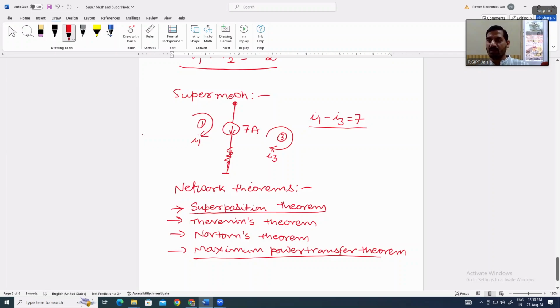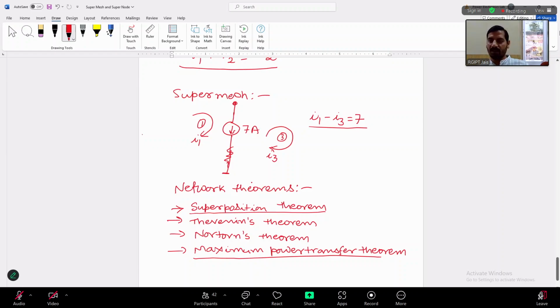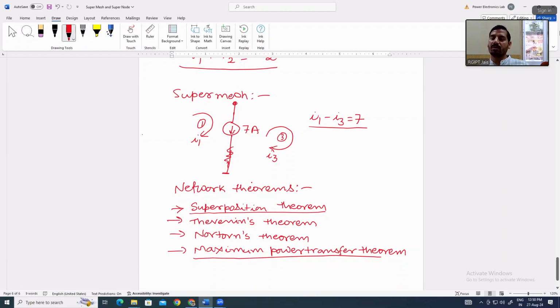You know that a voltage source in series with an impedance can be converted into a current source, where the current source value will be voltage divided by impedance, and you have to connect that impedance in parallel with the current source. So this is just voltage source to current source conversion. Thevenin's and Norton's theorems are dual to each other, and you have to apply source conversion.